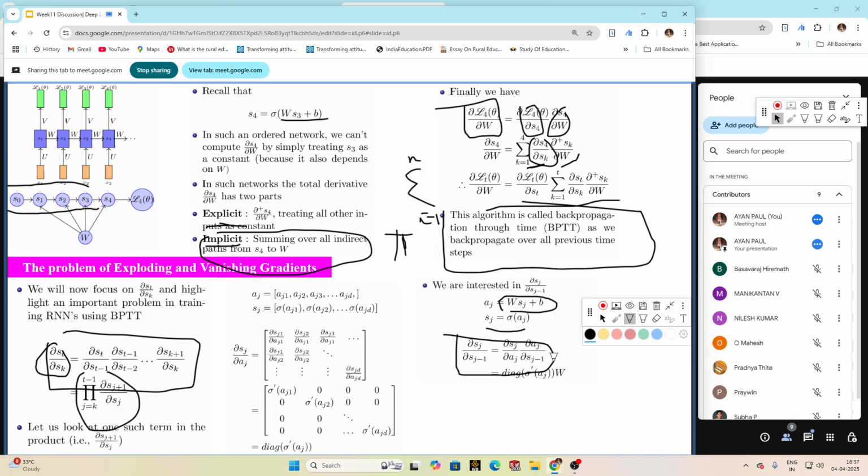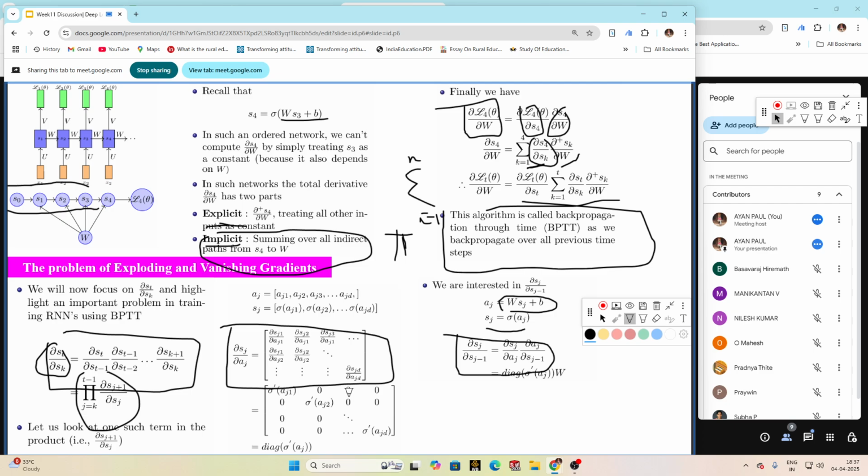Whenever we do this, del sj into del aj, this can be written in the form of a matrix. In this matrix only the diagonal terms will have values.